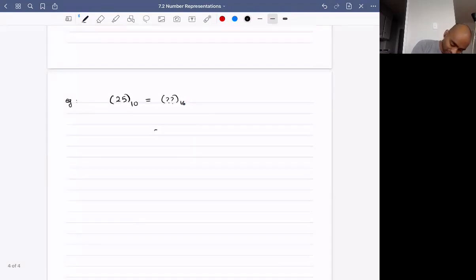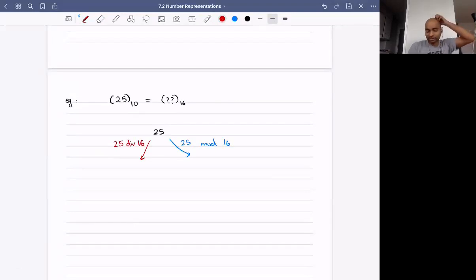I'll start with 25, and then I'll find 25 mod 16 and 25 div 16. 25 mod 16 is the remainder when you divide 25 by 16, and that turns out to be 9. And the quotient when you divide 25 by 16 is 1. And 1 is less than 16, so I just stop here. I don't have to go any further.